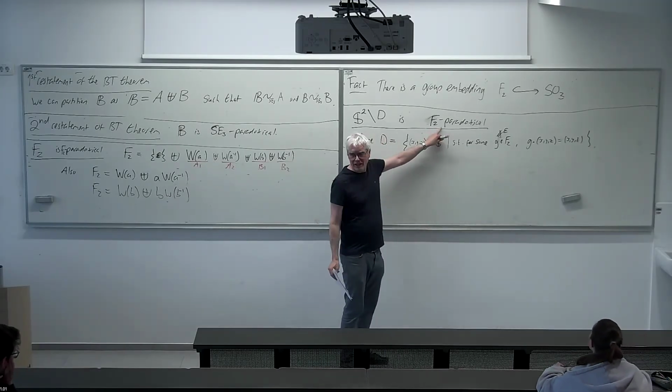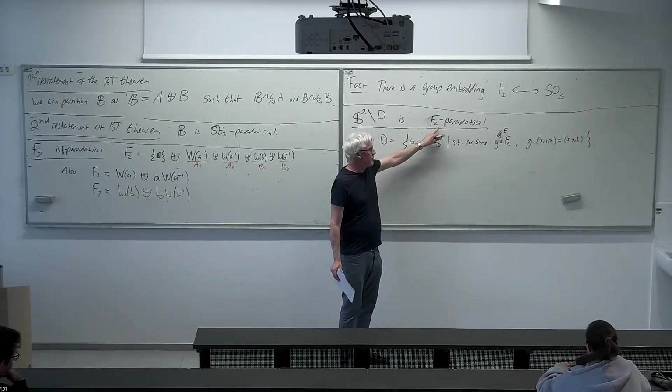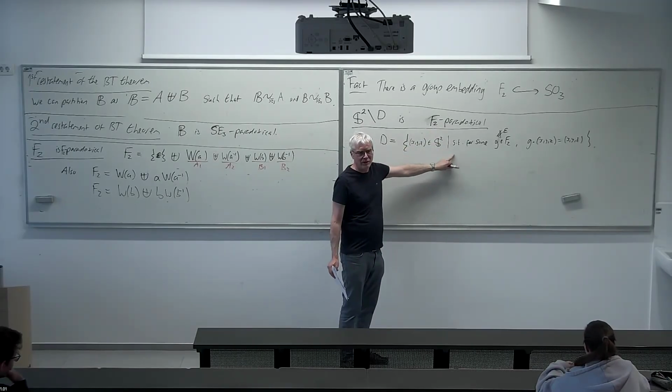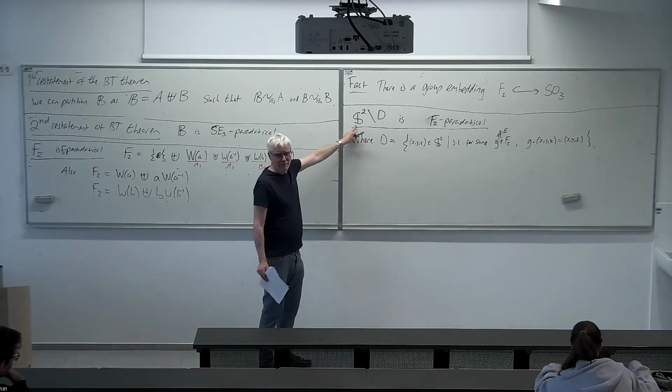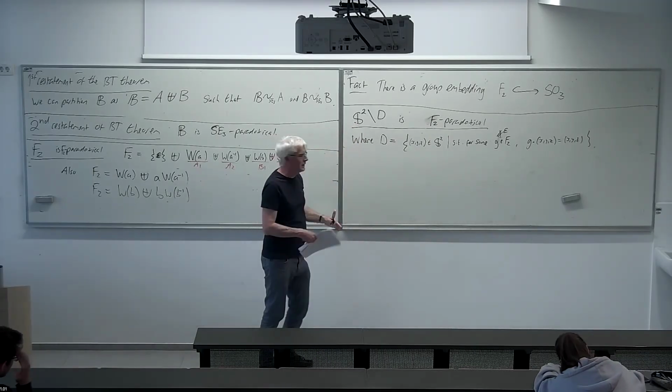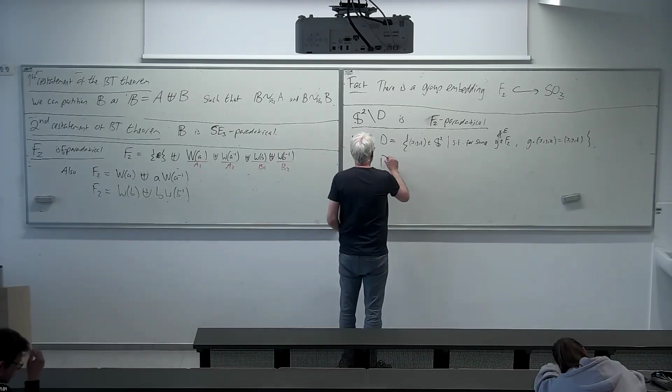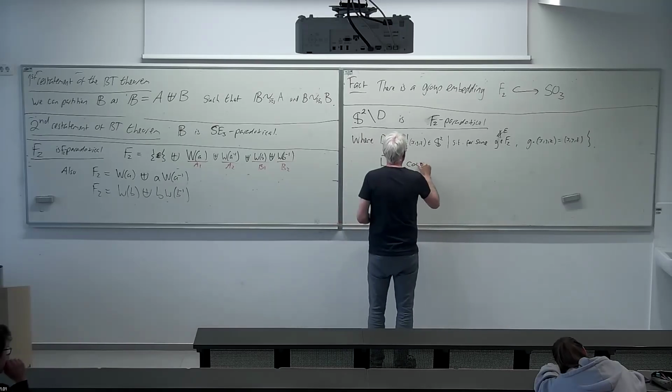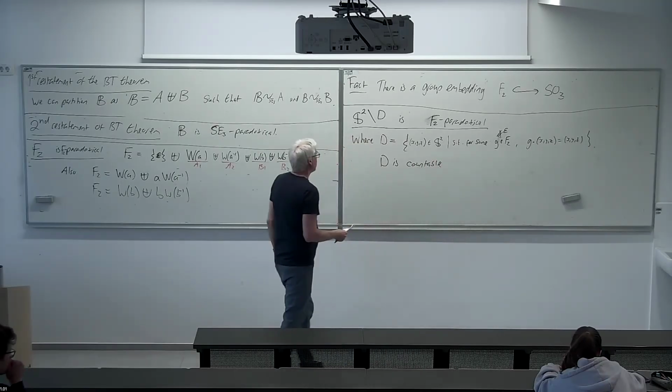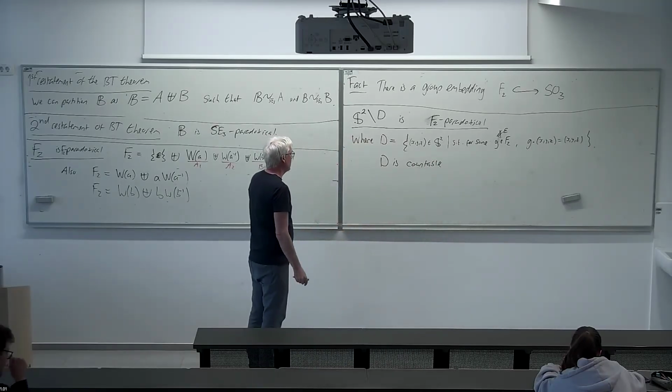F2 is a countable set because it's a set of words over a 4-element alphabet. So we only have countably many fixed points. So we're removing only countably many points from the sphere. The D is countable.